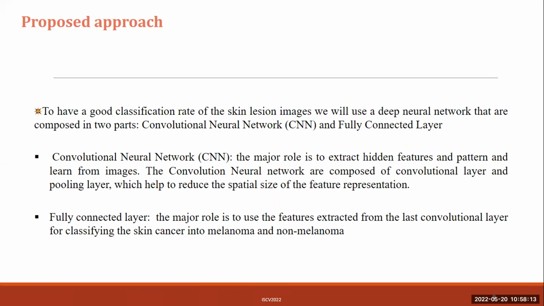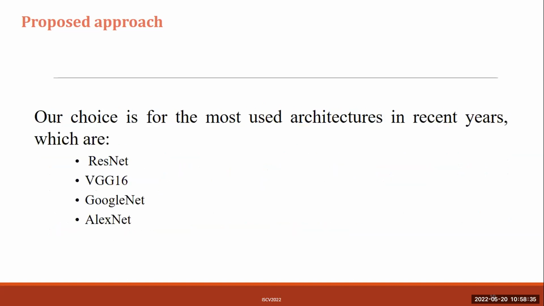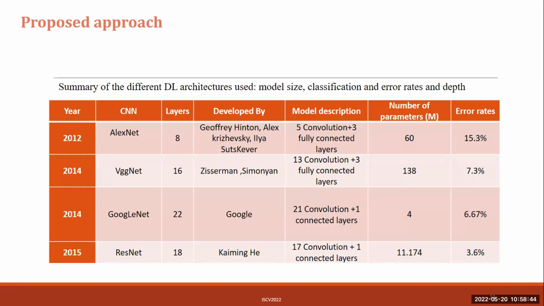It is composed of convolutional layers and pooling layers, which reduce the spatial size and the feature representation. At the end, a fully connected layer uses the extracted features to classify skin cancer into melanoma and non-melanoma. For our approach, we will use ResNet, VGGNet, GoogleNet, and AlexNet.